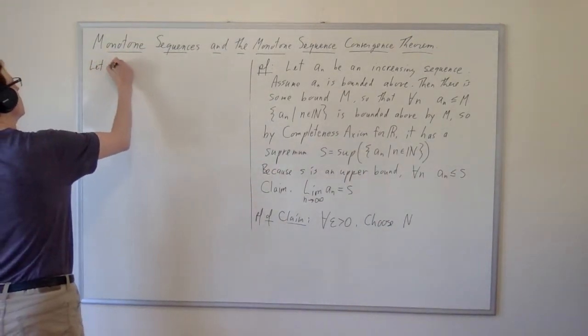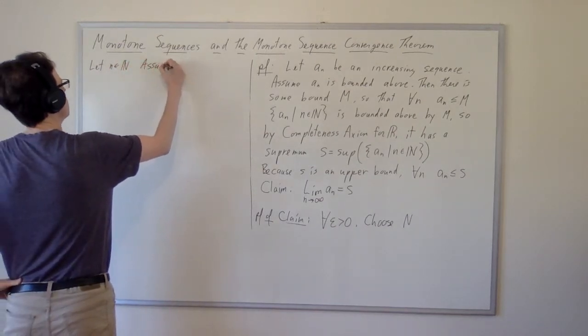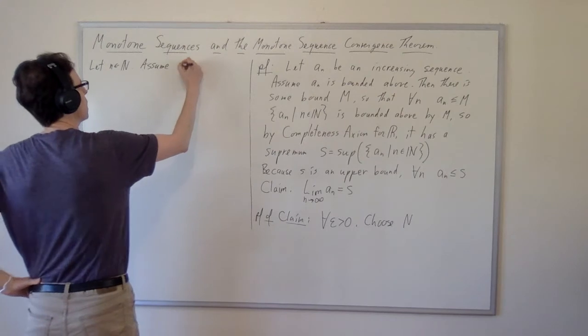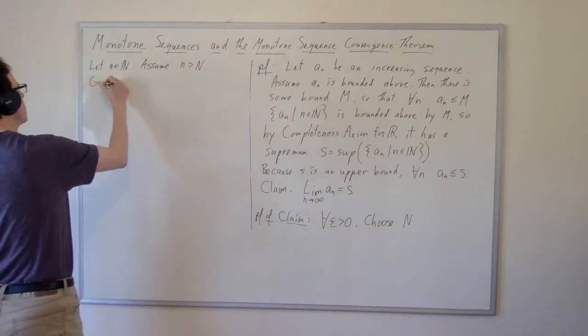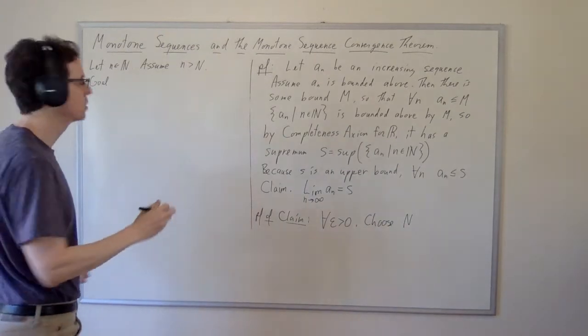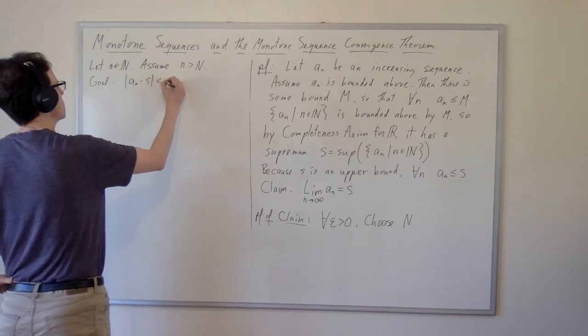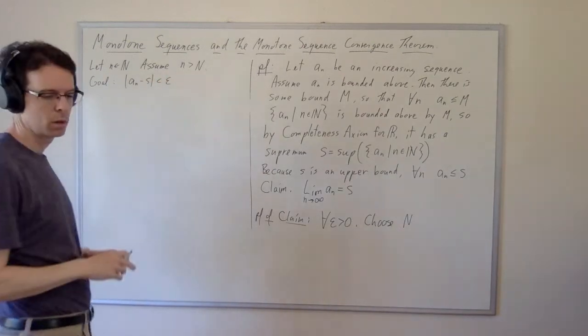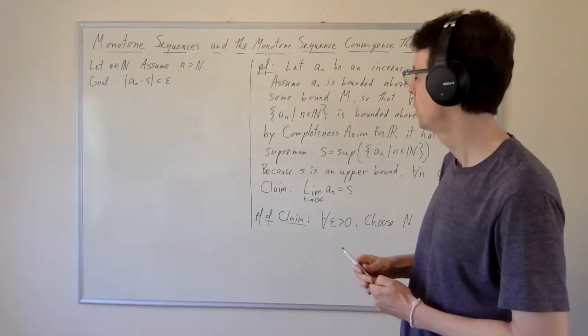So let little n be any natural number, and we're going to assume that little n exceeds capital N, and then our goal is going to be to prove that the absolute value of a_n minus S is less than epsilon. So that's what we're trying to show.